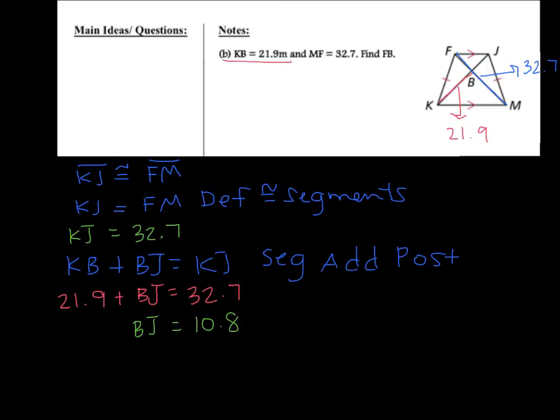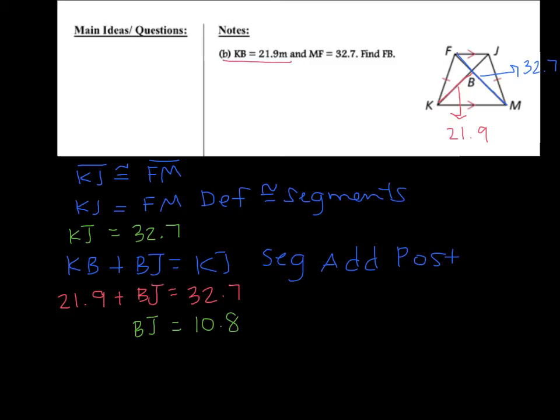FJ and JF are the same line, so it's congruent to itself. Then angle KFJ and angle MJF have to be congruent because in an isosceles trapezoid your base angles are congruent. So I've proven that this is congruent to itself and that these two angles are congruent also. Then KF and MJ are also congruent. It's marked here for me. So that tells me that these are congruent by side angle side.